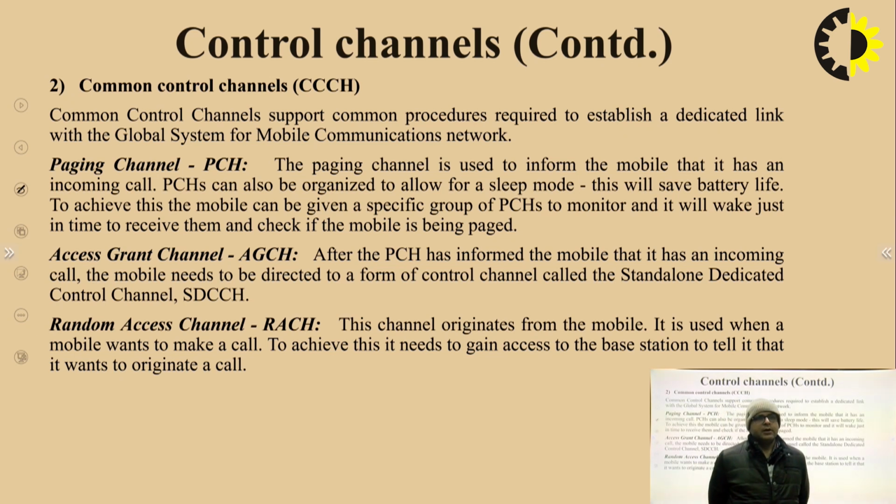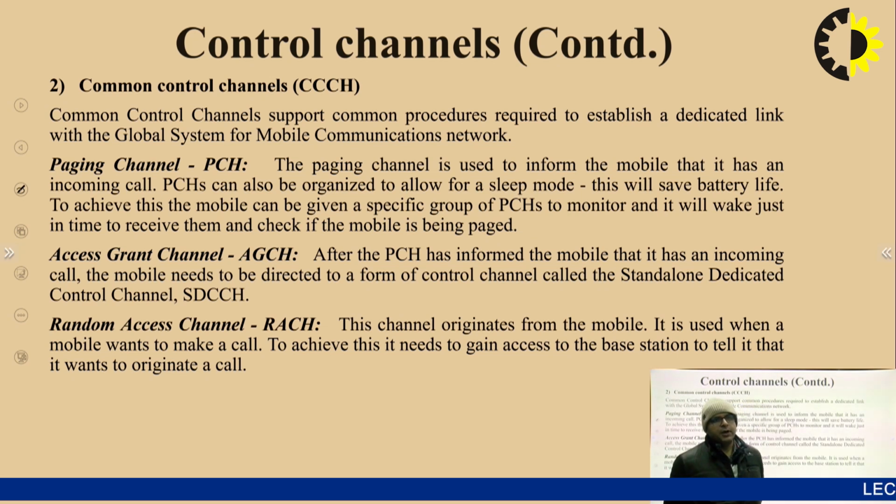The paging channel can also be organized to allow for a sleep mode, which saves battery life. To achieve this, the mobile can be given a specific group of paging channels to monitor, and it will wake just in time to receive them and check if the mobile is being paged.